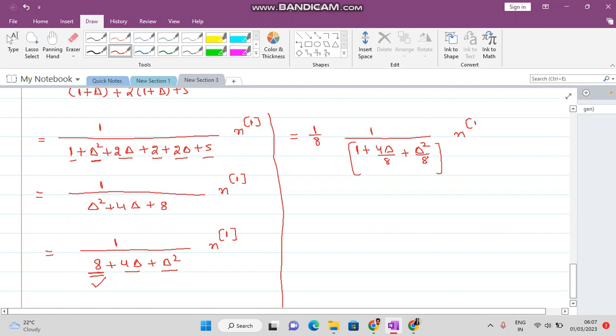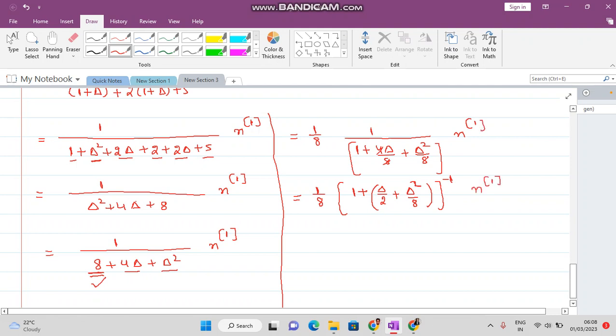Now we can write 1 by 8 into (1 plus delta upon 2 plus delta square by 8) whole raised to the power minus 1, into n raised to the power 1 factorial.